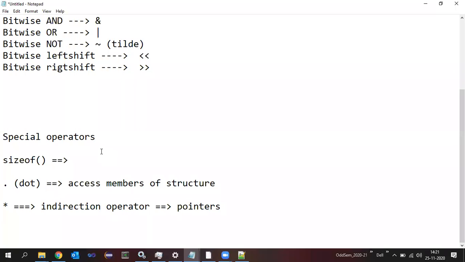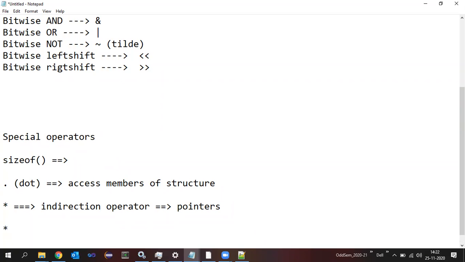Yes, sir. Now, to understand this one, let me give you an example. We know that broadly we can categorize operators into three different types: unary, binary, and ternary. Now pay attention here. This star symbol is a special character.